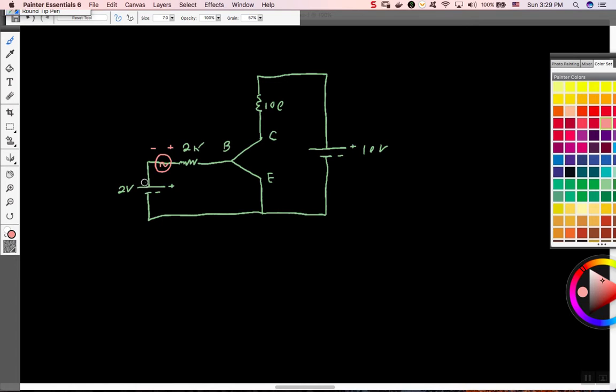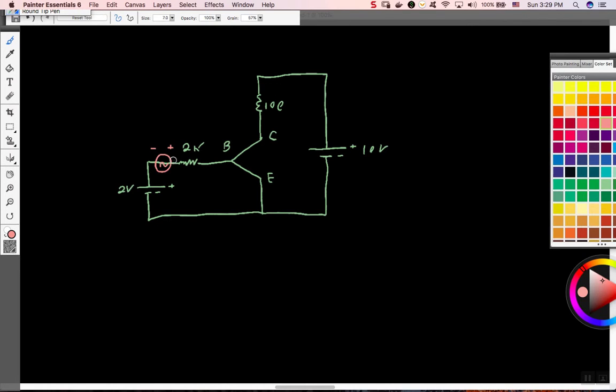Normally, the way it's done is to use the principle of superposition. You hide this one, and in fact, you have to take one at a time, or actually you don't have to.